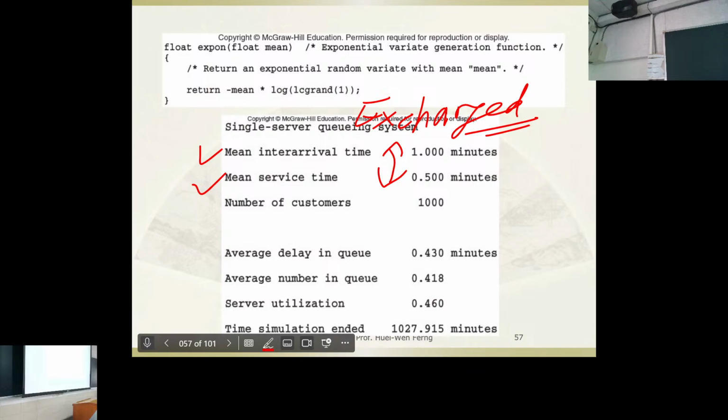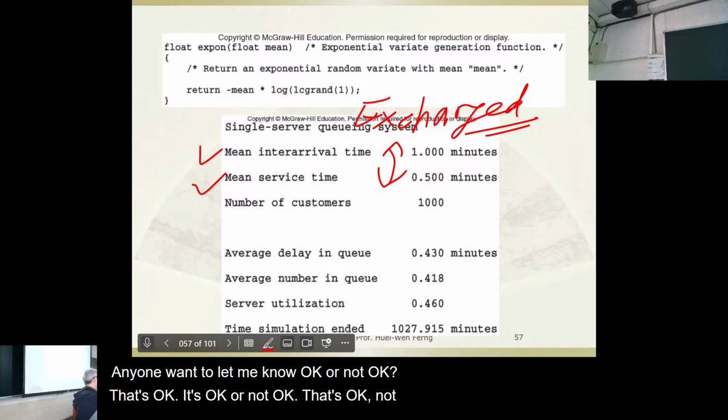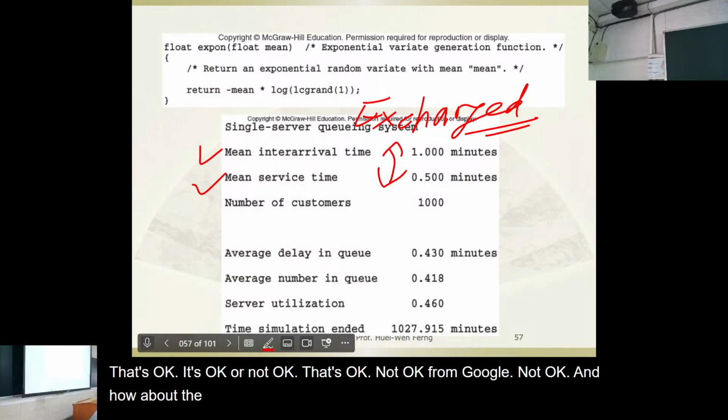So let me check. Anyone want to let me know okay or not okay? Not okay from group 4. And how about the other groups? I mean, the current exchange. Is it okay or not okay?